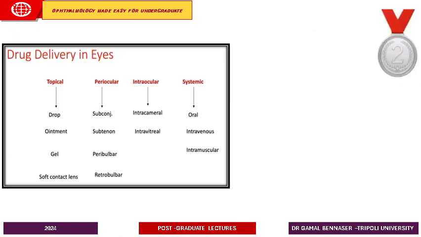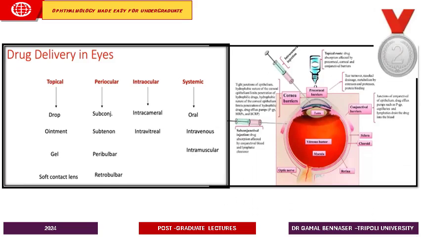When we look at the different ways of drug delivery to the eye, sometimes we use these ways to bypass certain variables or certain barriers that prevent the drug from being absorbed through the transcorneal pathway or the transconjunctival pathway.